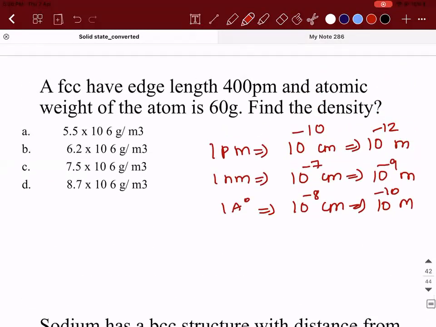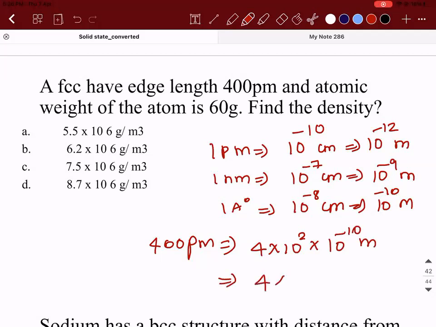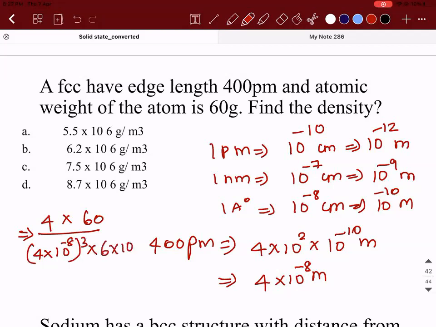It's 400 picometer, so first we convert it into meter. 4 into 10 to the power 2 picometer into 10 to the power minus 10, so 4 into 10 to the power minus 8 meter. Now substitute this in the formula. For FCC, Z is 4, into molecular mass 60, divided by 4 into 10 to the power minus 8 the whole cube, into Avogadro number 6 into 10 to the power 23.